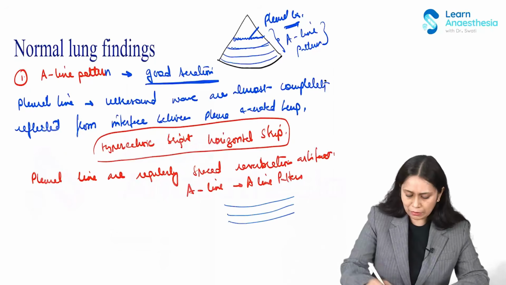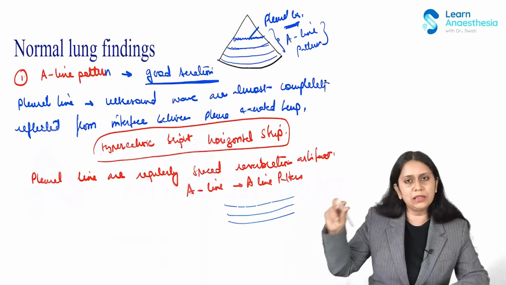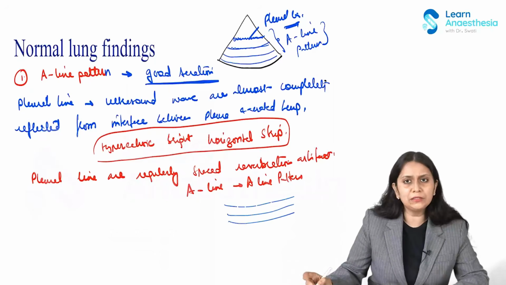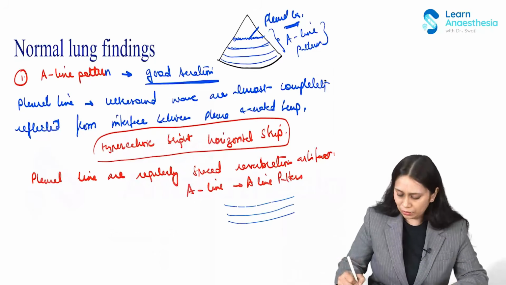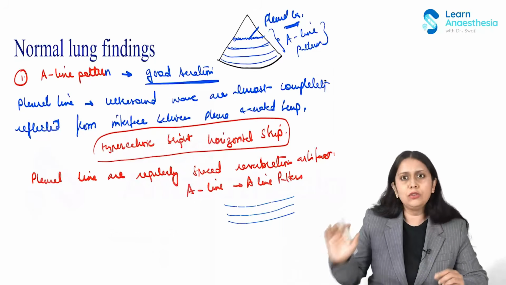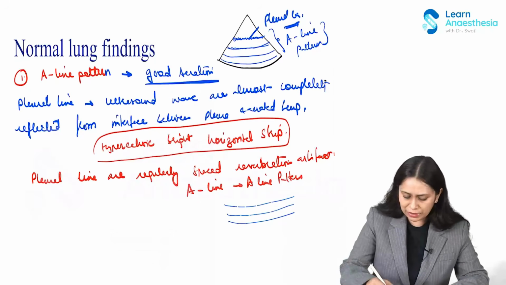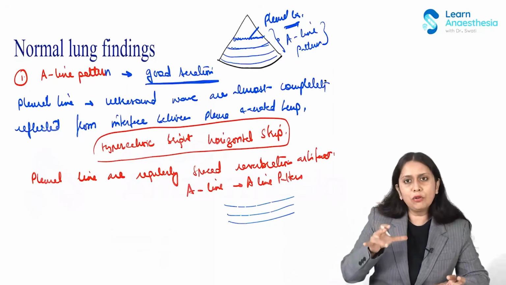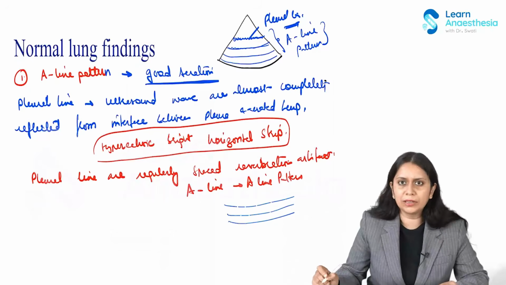Now in between the A lines there could be a small vertical line. This is called Z line, and this is normal. We should not confuse it with the pathological B line. This Z line is normally present in the lung, which is a short bright vertical artifact, and these are focal densities at the level of the pleura representing microatelectasis.